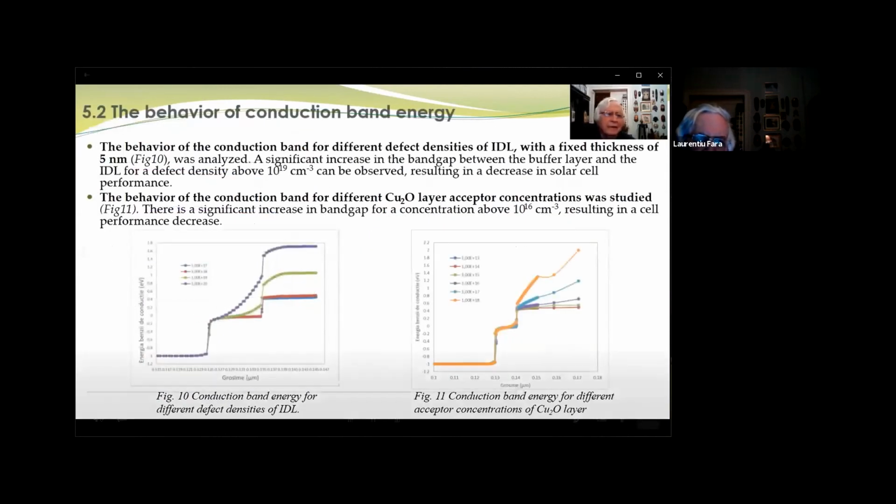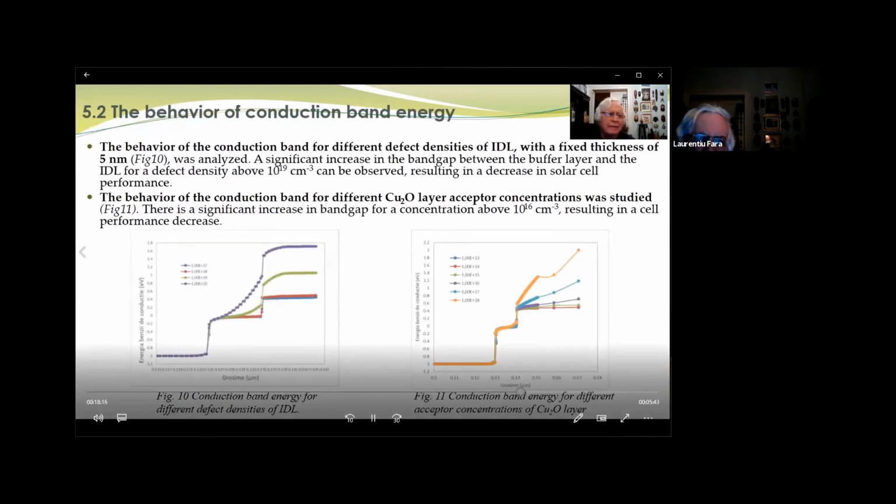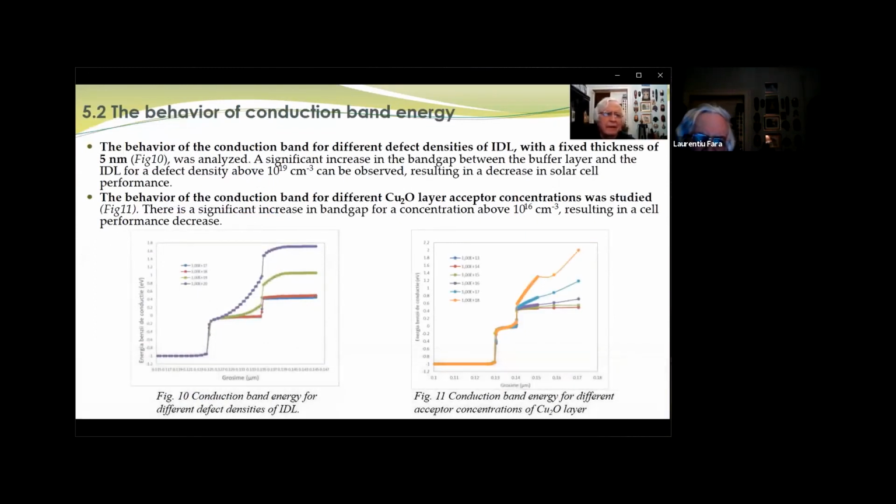Another interest in the defect analysis is regarding the behavior of the conduction band energy.